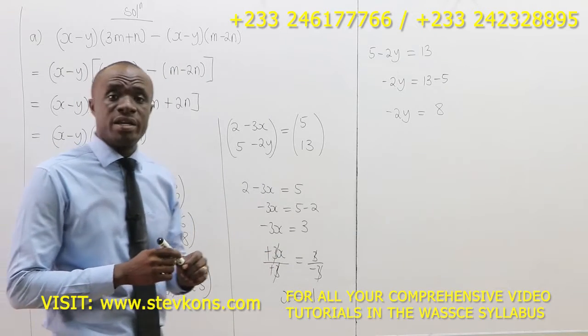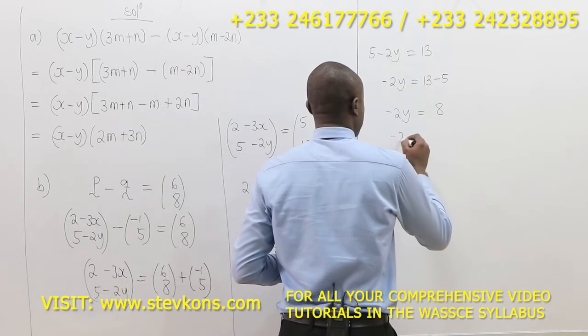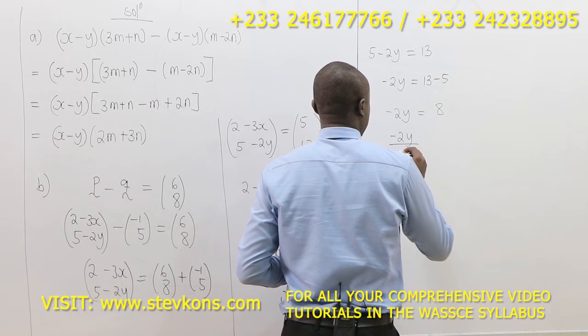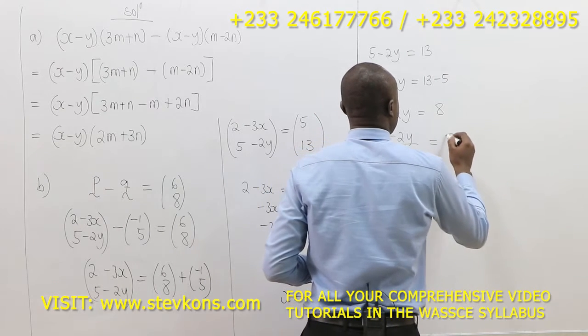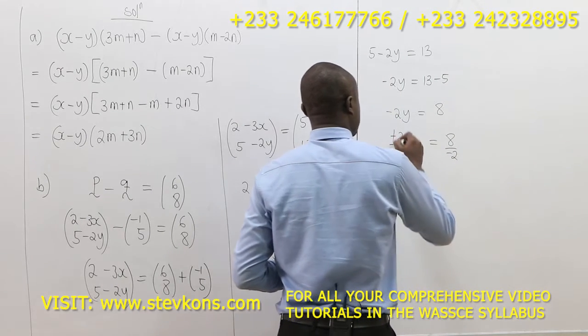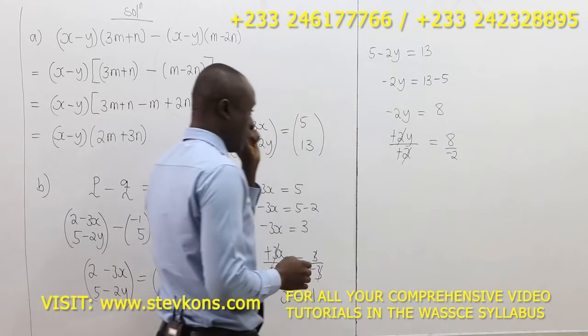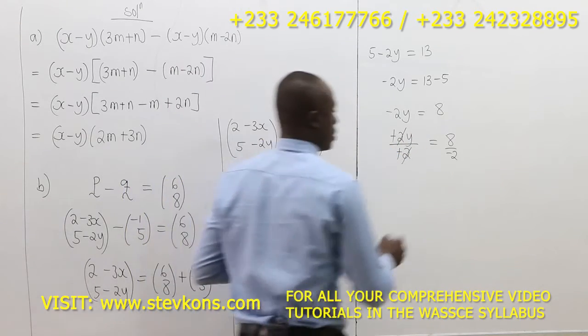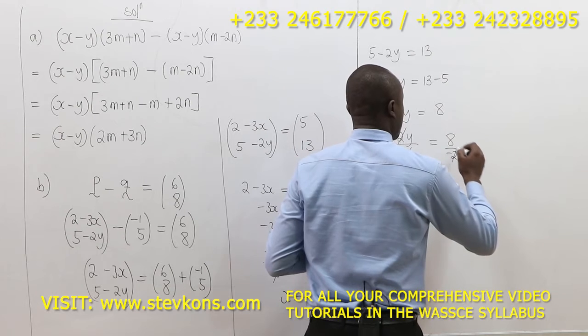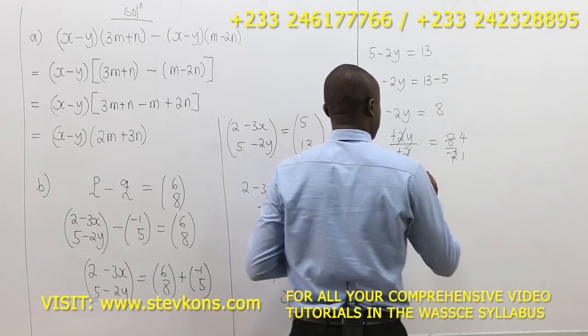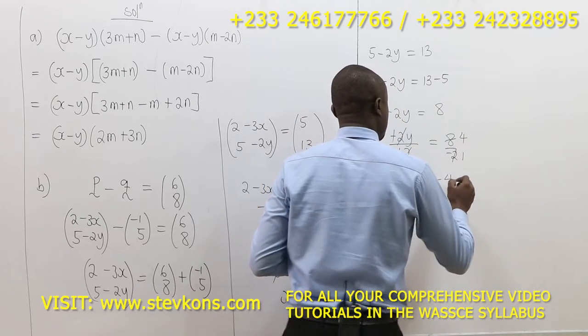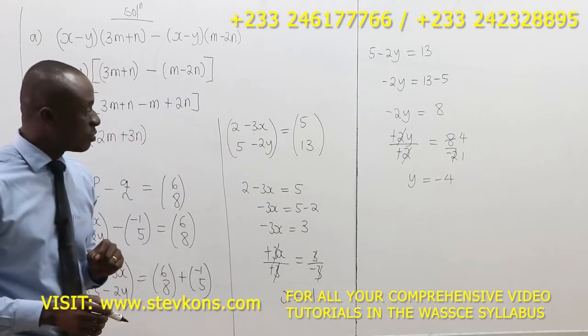We divide both sides by negative 2 to find y. This 2 will cancel. 2 going into 2 one time, 2 going into 8 four times. So y is equal to negative 4.